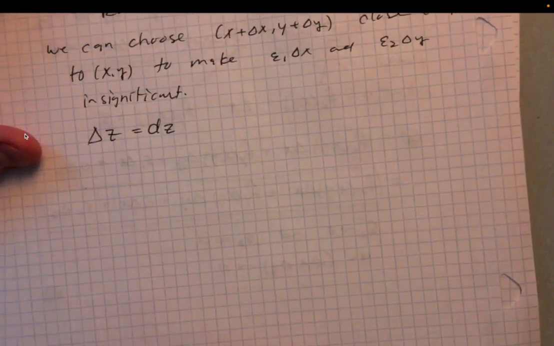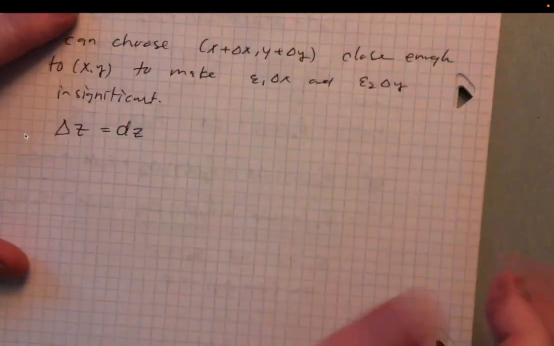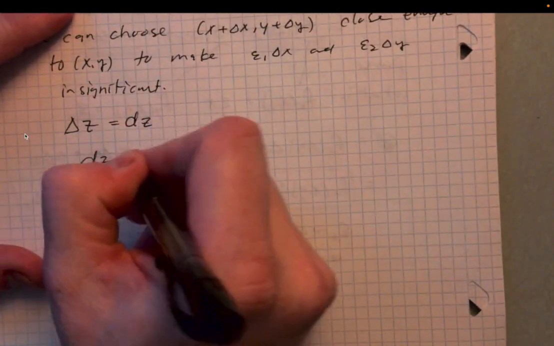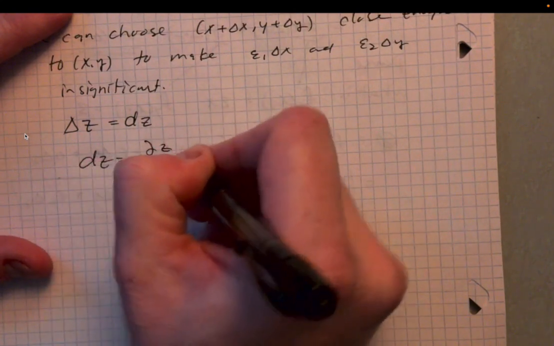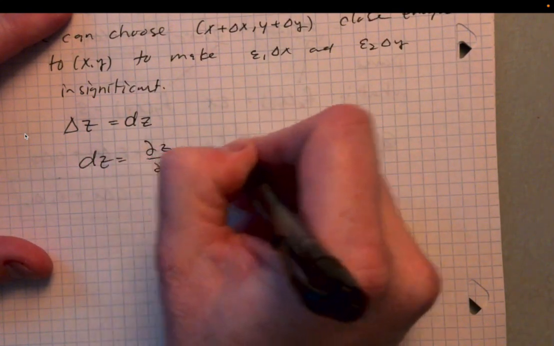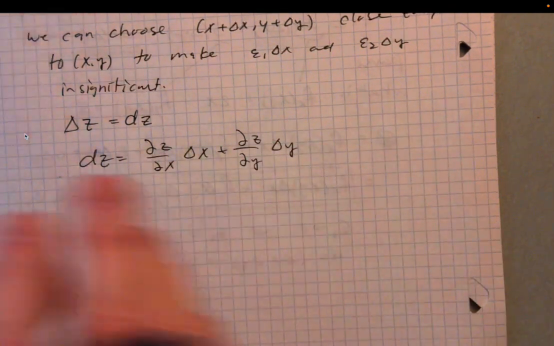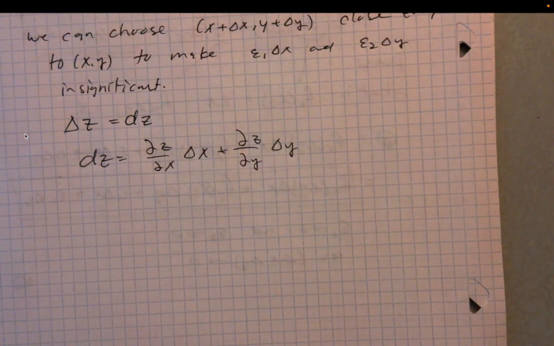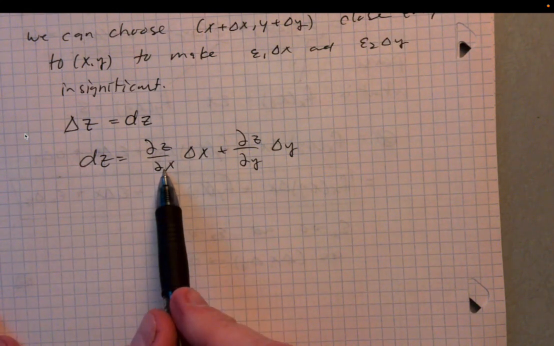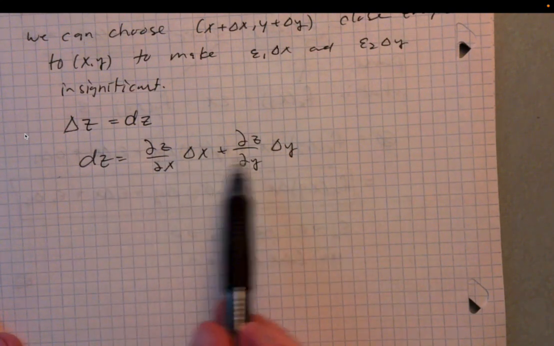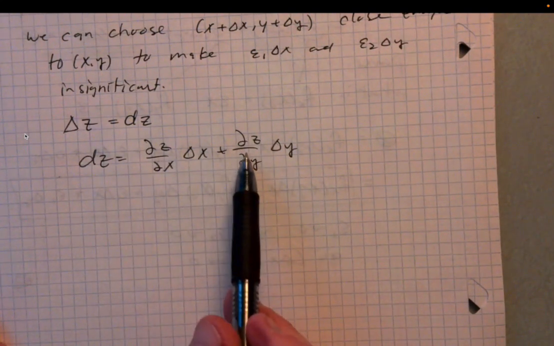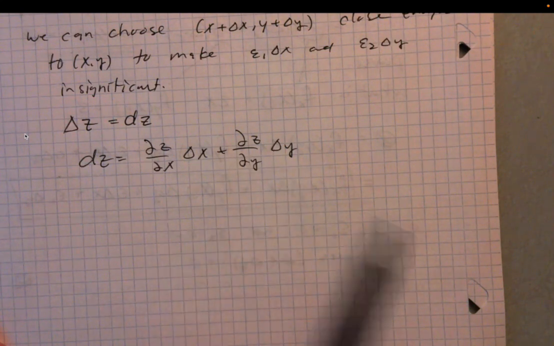And previously we saw that dz equals del z del x times delta x plus del z del y times delta y. Where, of course, the partial derivative with respect to x is going to represent the change in the slope in the x direction, and the partial derivative with respect to y is going to represent the change in the slope in the y direction.